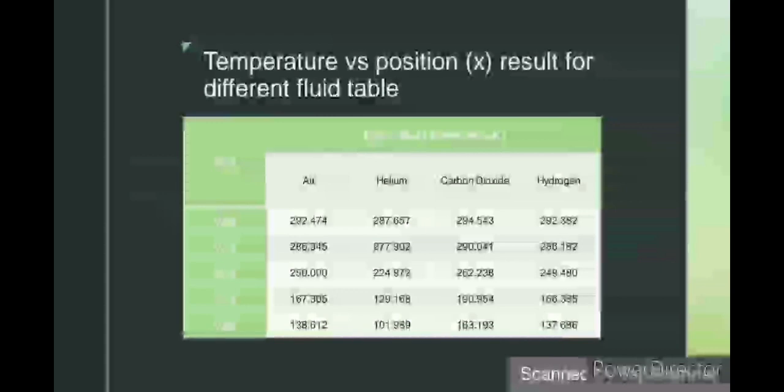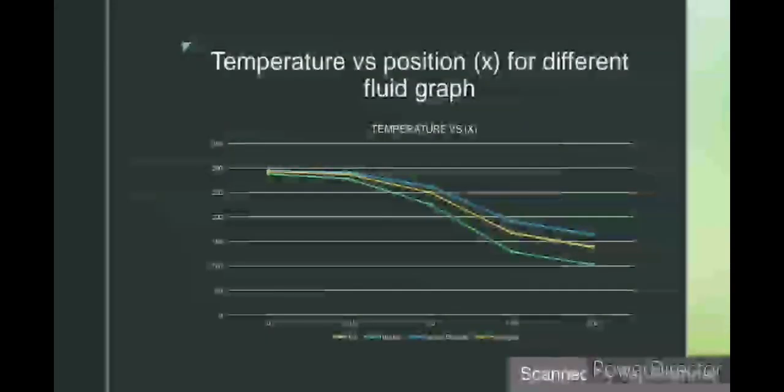We can see this more clearly from the graph. From 0 to 0.15, there is not much difference in temperature change of all 4 fluids. Then the decrease of the temperature of the fluid started to improve from 0.15 until 0.45.